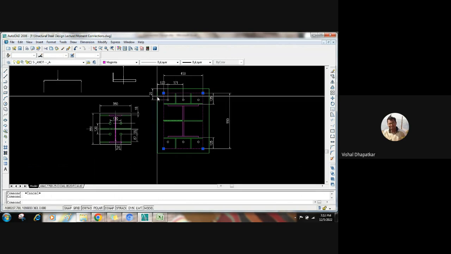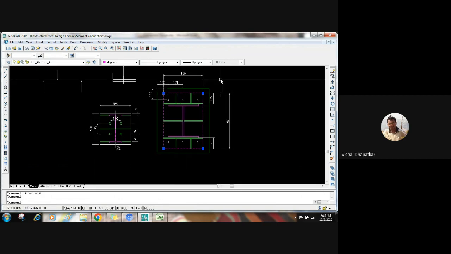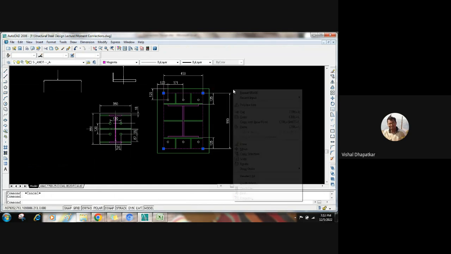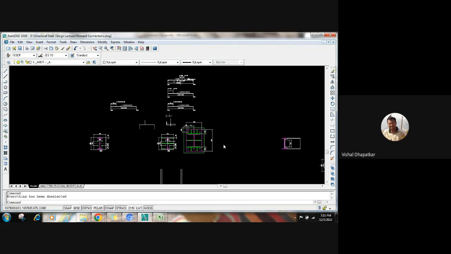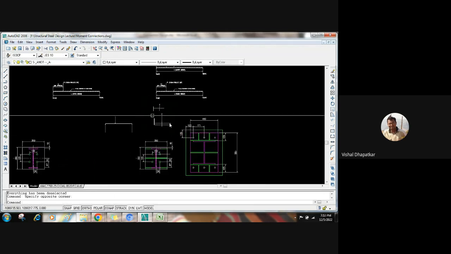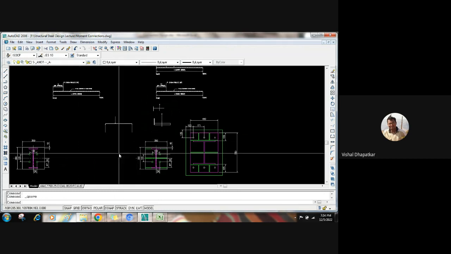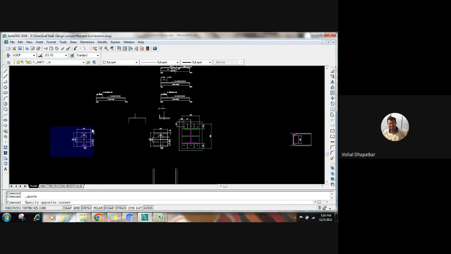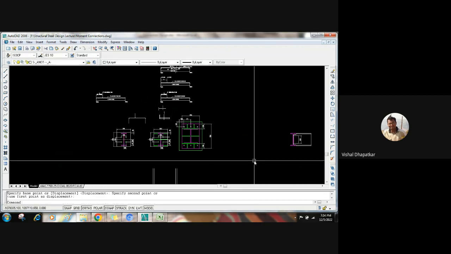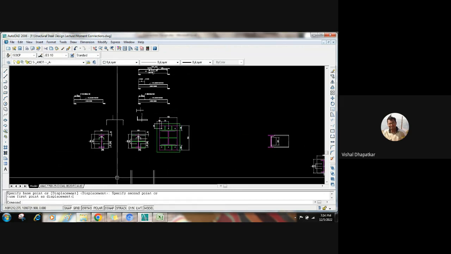So that will give you the thickness for the tension as well as for the compression. Okay, so any doubt in the base plate design? Any doubt? No, sir.